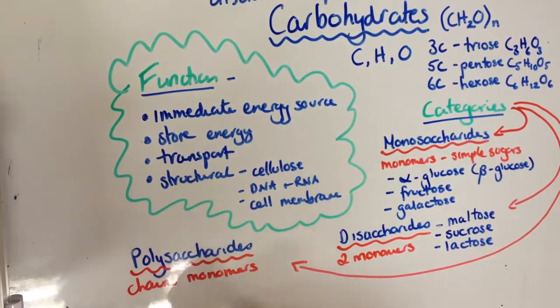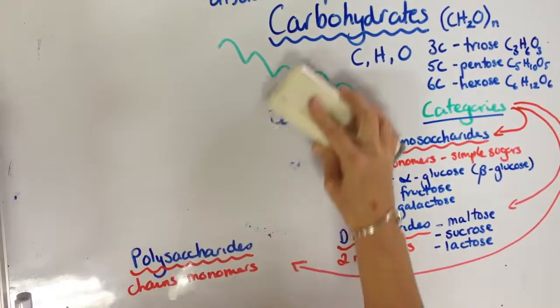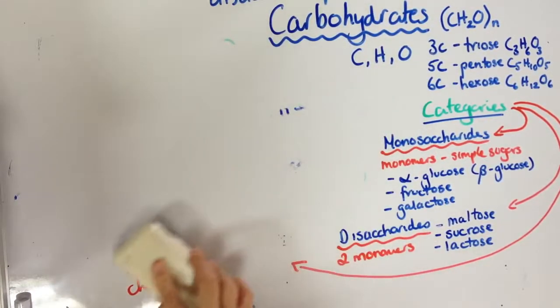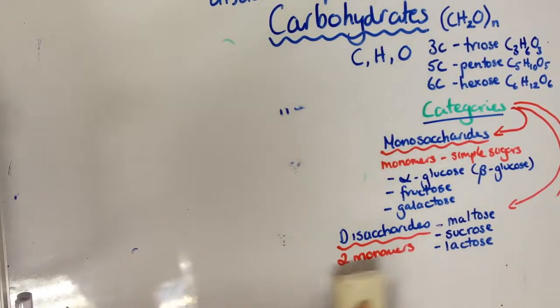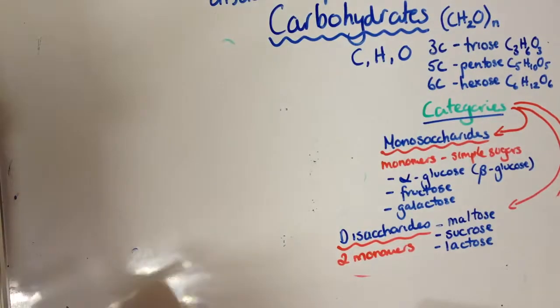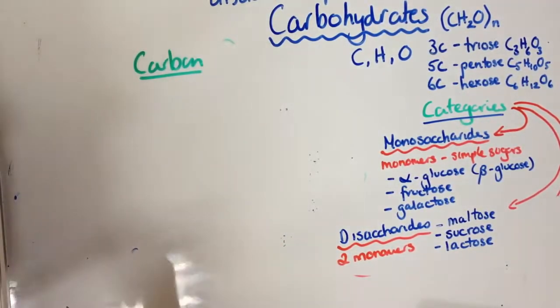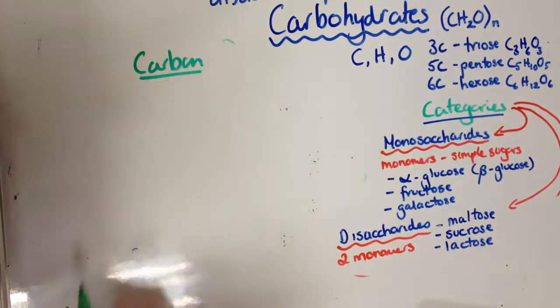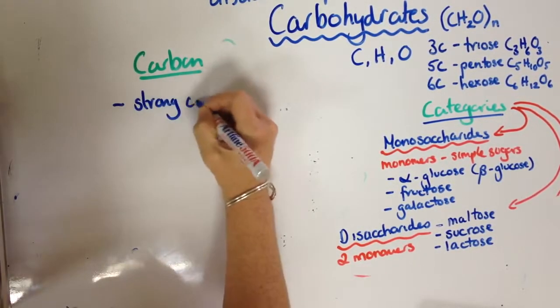A little bit more basic chemistry before we move on to the nitty-gritty of what's going on with these things. So let's get rid of our functions here. We can get rid of the polysaccharides because we don't want those. So, a bit of carbon chemistry. Carbon can make 4 bonds, a valency of 4, so it can make strong covalent bonds.